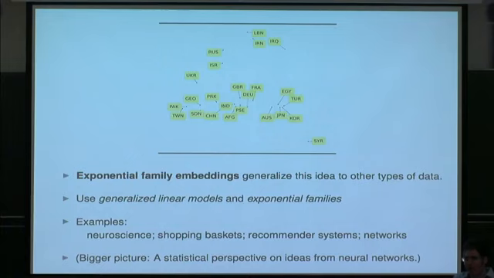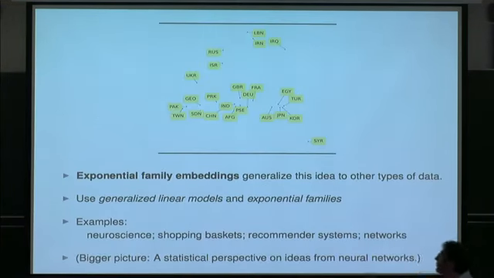And with this new idea, exponential family embeddings, we can now take the word embedding spirit and apply it to examples like computational neuroscience data, shopping baskets and purchase behavior, recommender systems, and networks. The bigger picture here is that we're trying to take a statistical perspective on these ideas from neural nets that seem to work well, but are perhaps poorly understood. And just to be clear, we don't really understand this either. But we did generalize it to multiple types of data.